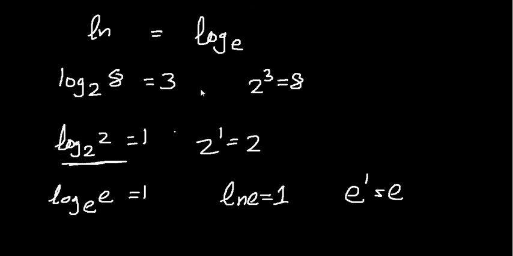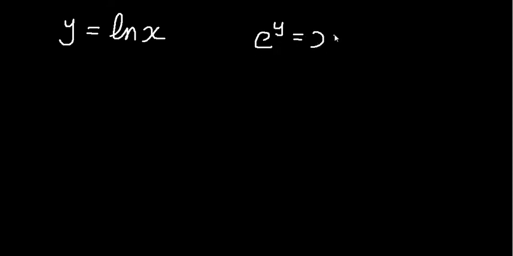You also need to be able to sketch the log base e graph, or the ln x graph. So y is equal to ln x graph. How would this look? Now what this means is that e to the power y is equal to x, because that's a log base of e, isn't it?